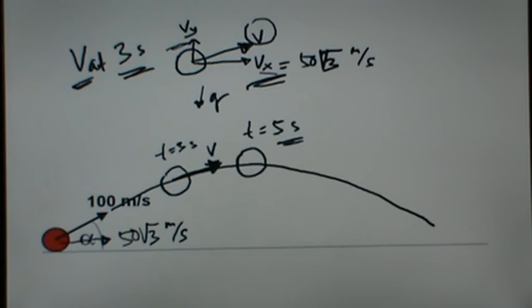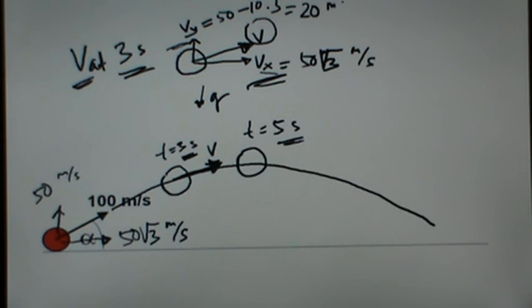So if the initial velocity in the vertical direction is 50 meters per second, and every second the speed decreases by 10, then at 3 seconds the vertical velocity will be 50 minus 10 times 3, or you get 20 meters per second.